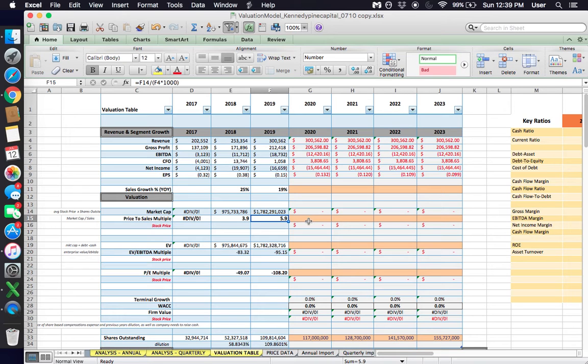So just look for most growth companies to trade at around 10 times sales, depending on their brand and their market dominance, if they have any moat, and their industry, is it growing? That's the kind of thing you want to consider when you put a certain multiple on a stock.